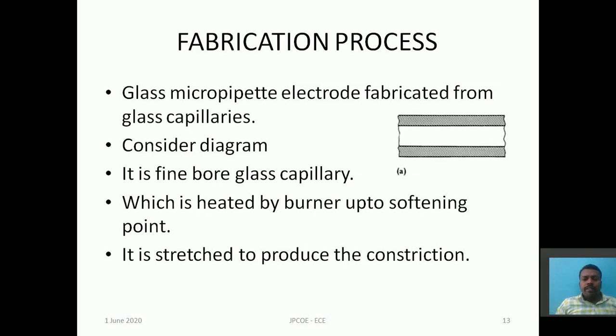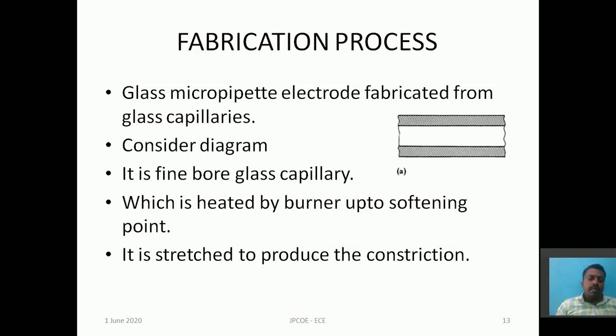A glass capillary is a small glass rod with a narrow inner bore, looking like a straight glass tube. Consider the diagram, that is a glass capillary. It is around 1 foot, 20-30 centimeters in length, with a very small bore.